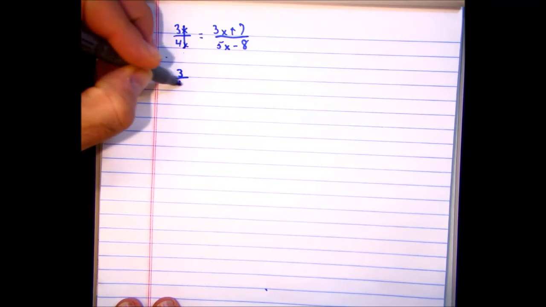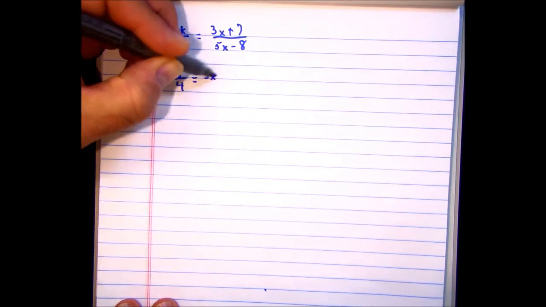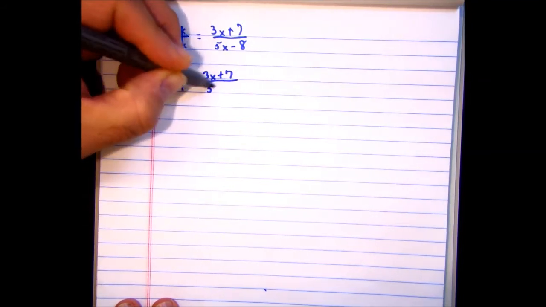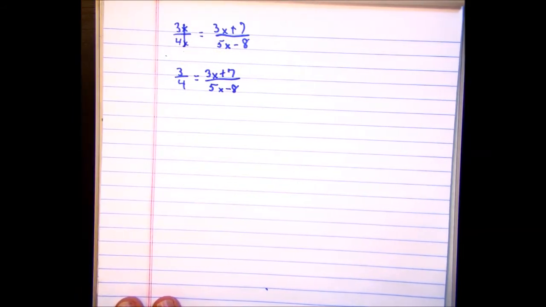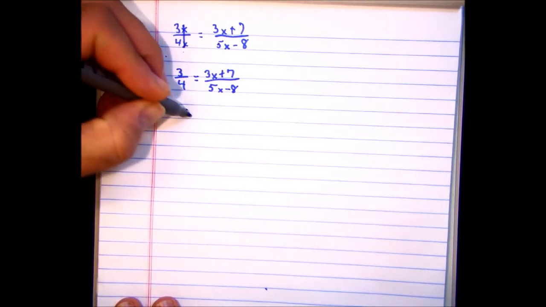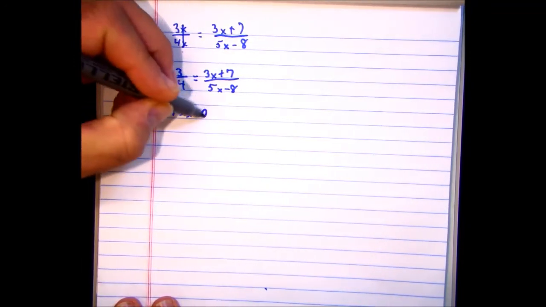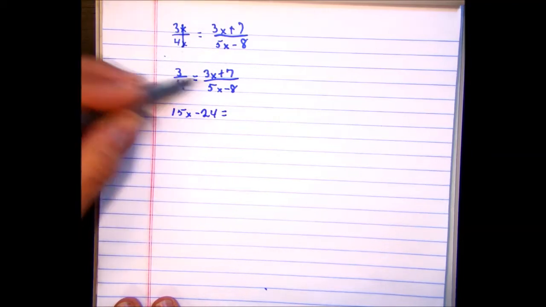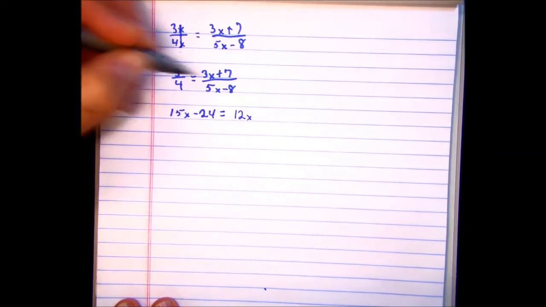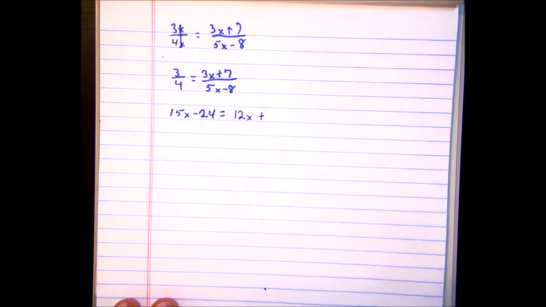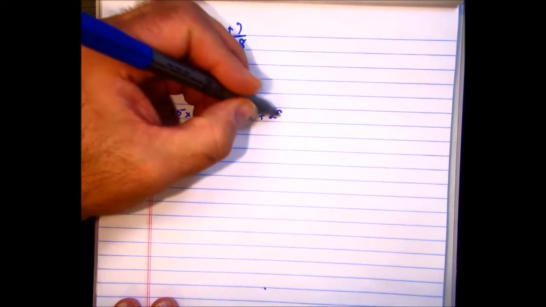So now you're just left with 3 over 4 is equal to 3x plus 7 over 5x minus 8. Now you don't have anything squared anymore. So when I cross multiply, we get 15x minus 24 distributing equals 12x plus 28, correct?